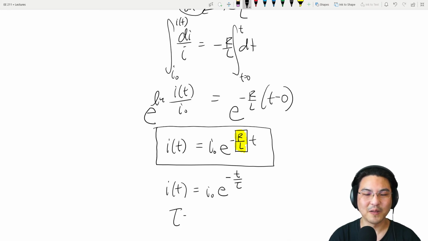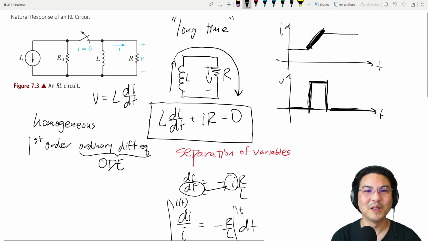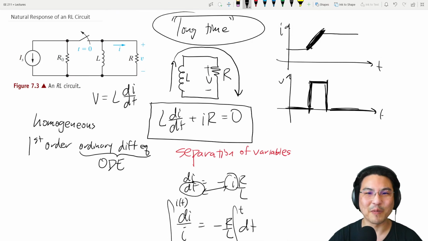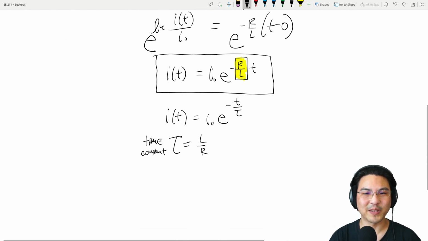For tau, in this example, that would be L over R. This is called the time constant. And it deserves its own video, so stay tuned for that one about the time constant, and it's going to tie directly to this whole waiting for a long time thing. Those go together. So I have a separate video for that.